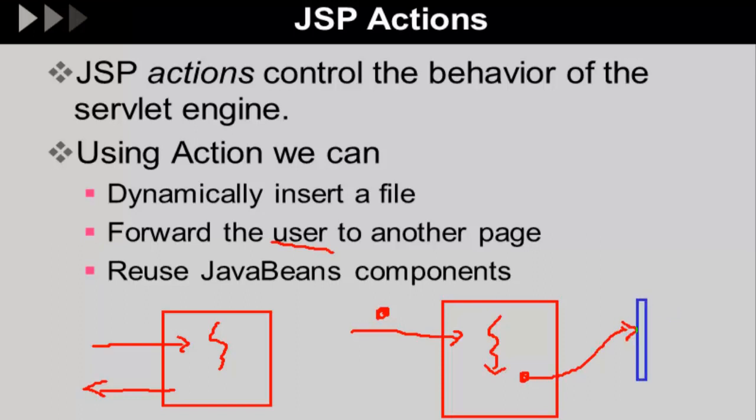That is forwarding. You take the user request, you find that another page can handle it, and give it to the other page. The user is not making that request; it is done internally within the server. So you go to one page, internally your request is sent to another page, and that page processes the request and gives the response to you.